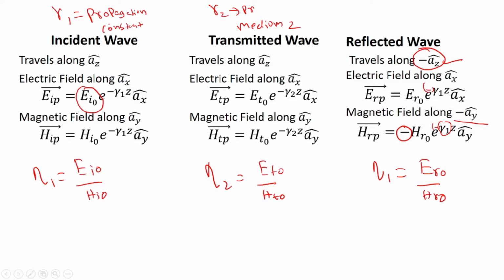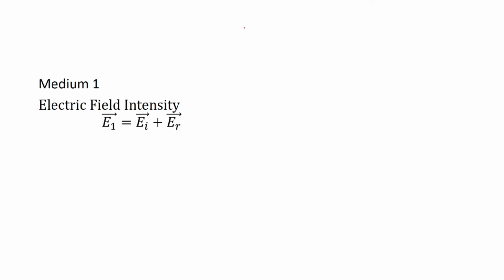Now that we have analyzed the values of electric fields and magnetic fields along three different waves, let us also analyze the values of electric field and magnetic field inside medium 1 and medium 2. When we are in medium 1, the electric field intensity is because of the incident wave and also because of the reflected wave.